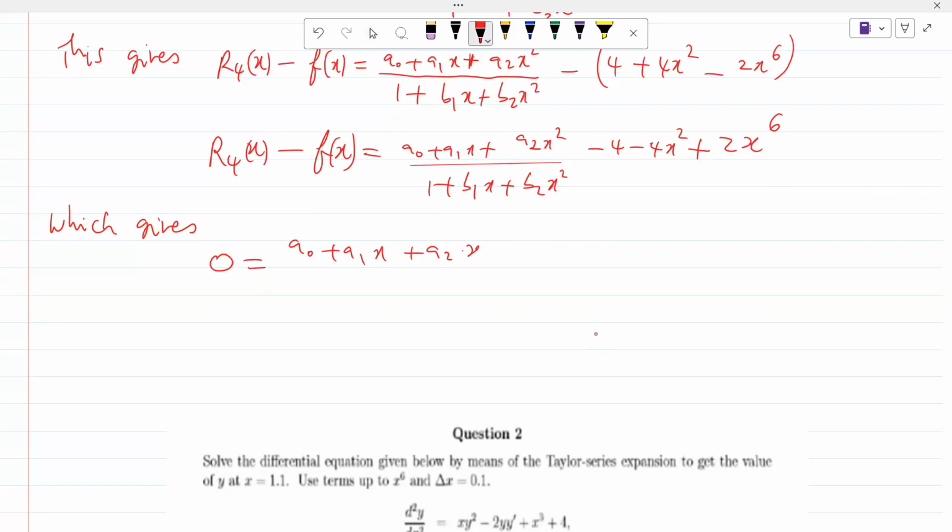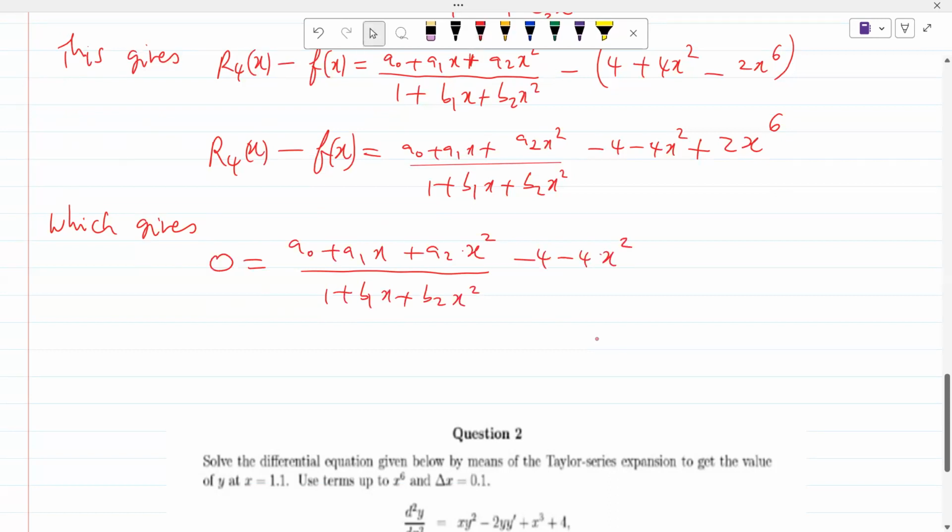If R4 approximates f, then you'd have this: A1x, B2x squared, and then we have minus 4, minus 4x squared.